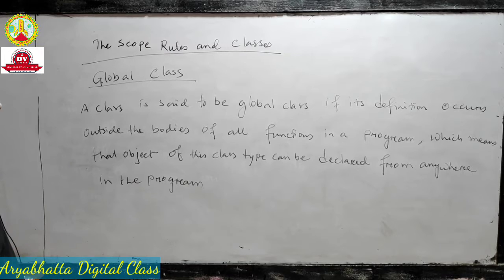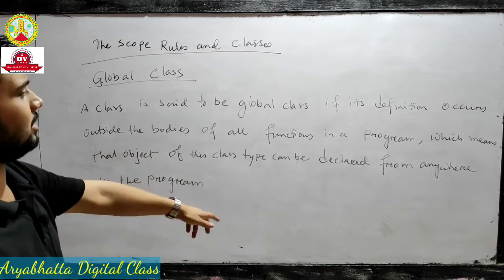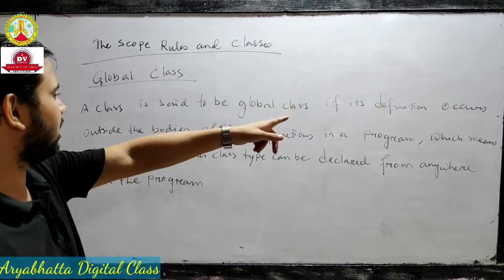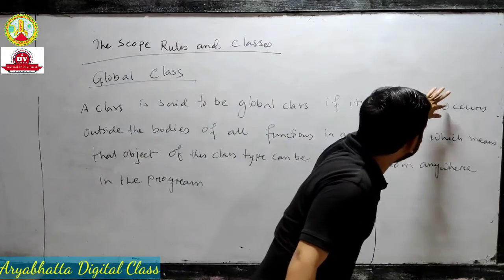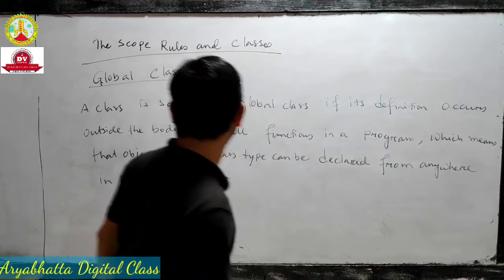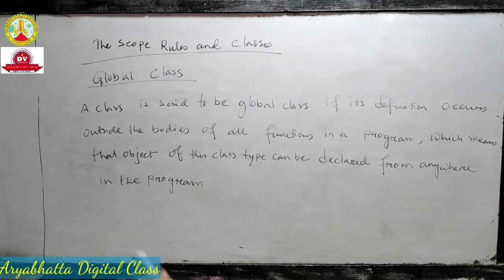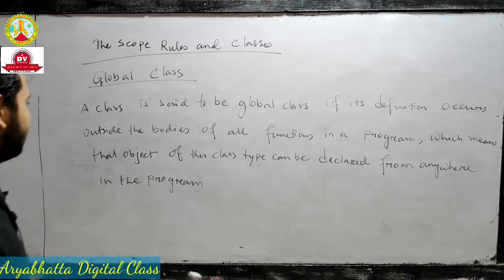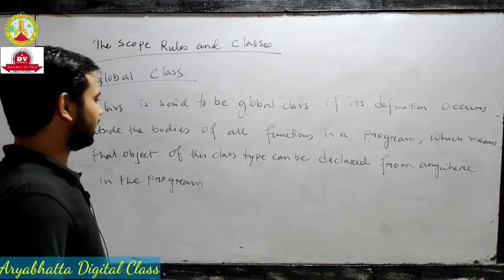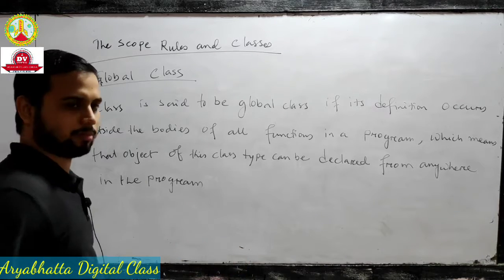Forget it. See, what is a global class? A class is said to be global class if its definition occurs outside the bodies of all functions in a program, which means that objects of this class type can be declared from anywhere in the program.